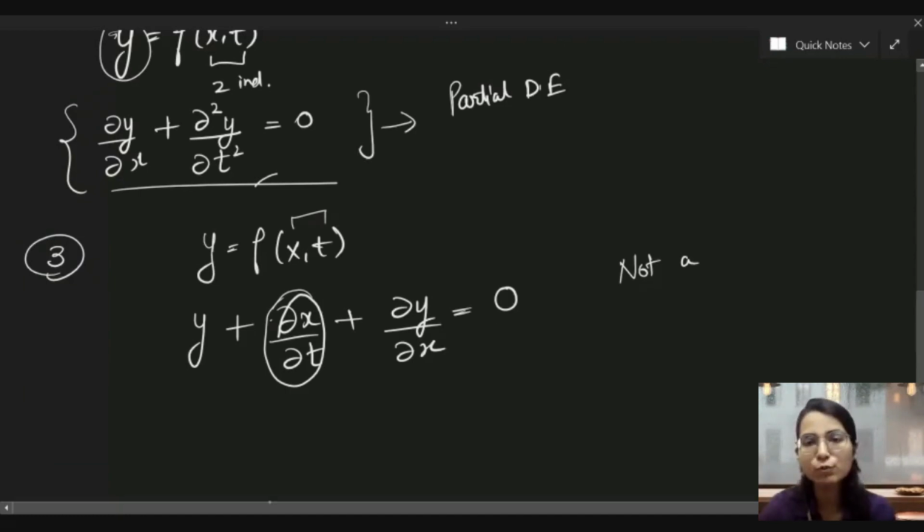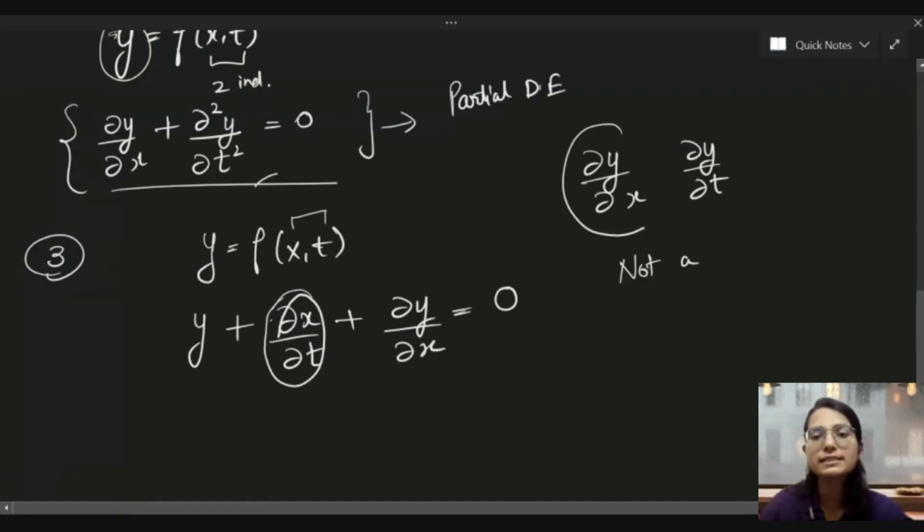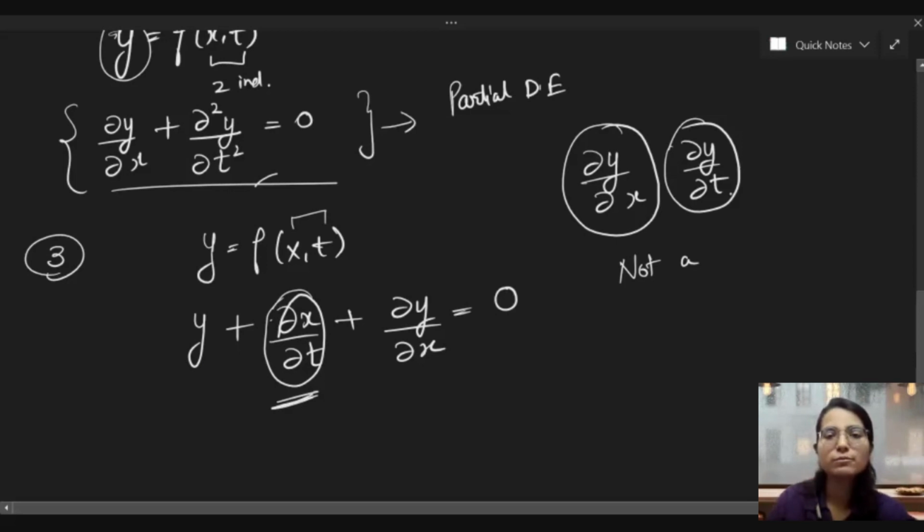So if you want to include derivatives, then you should have del y over del x or del y over del t, or maybe their higher order derivatives, maybe second order derivative of this, or of this, right? So you can't include this kind of derivative. This won't be called a differential equation. Now you might have a clear idea of what a differential equation is.